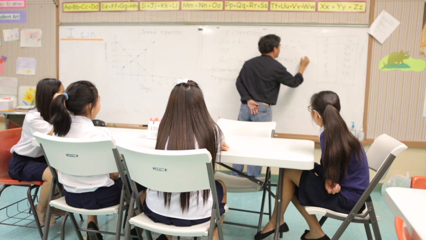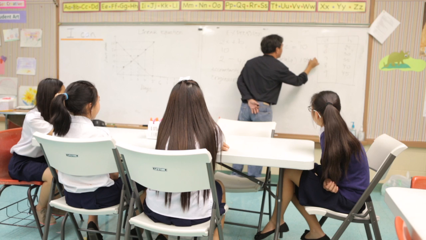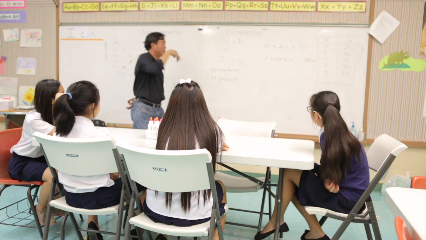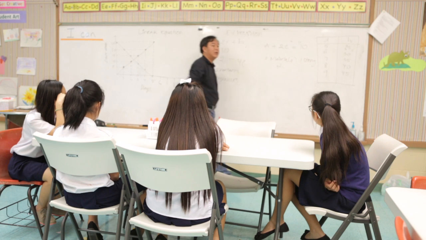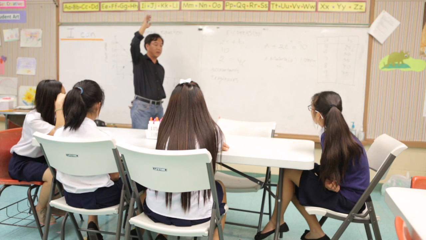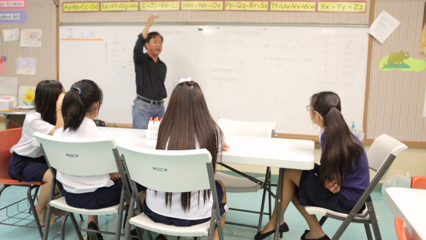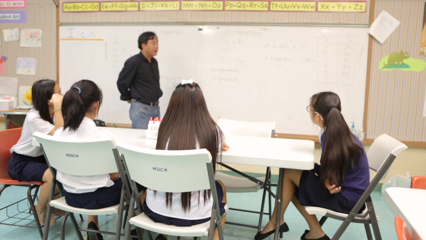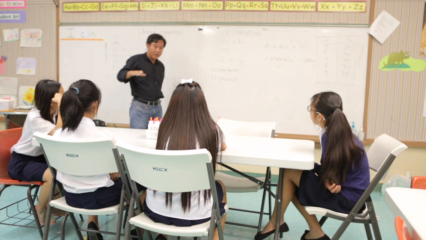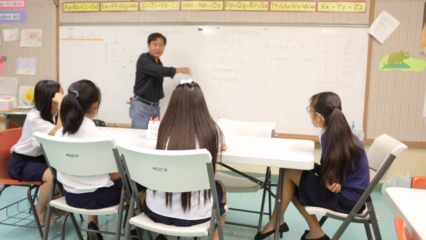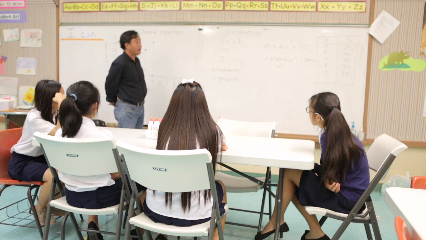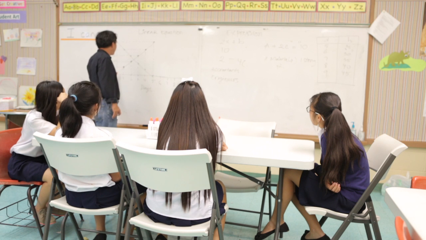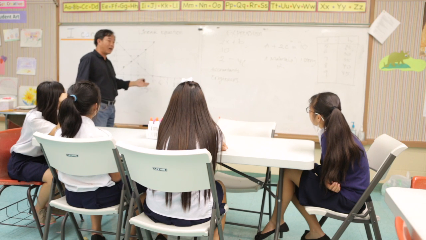So if they have a 17-story building, how much material are they going to need to build that high building? That means the higher the building, the more material they need. And the lower the building, the less material they're going to need. So that's why we have 2 straight lines. Sometimes it goes up and sometimes it goes down.